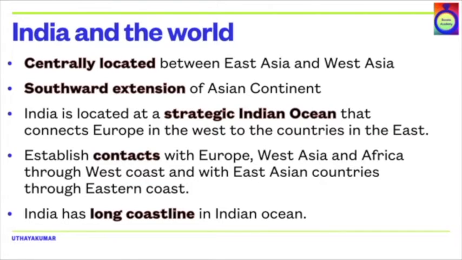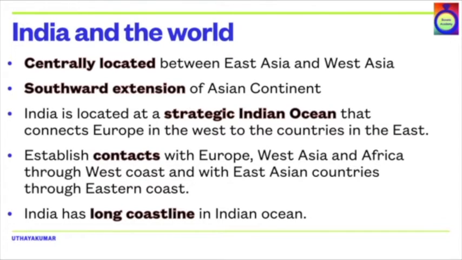Now look at India and the world. India is centrally located between East Asia and West Asia. Moreover, India is considered the southward extension of the Asian continent. Furthermore, India is located at a strategic point on the Indian Ocean that connects Europe in the west to the countries in the east.